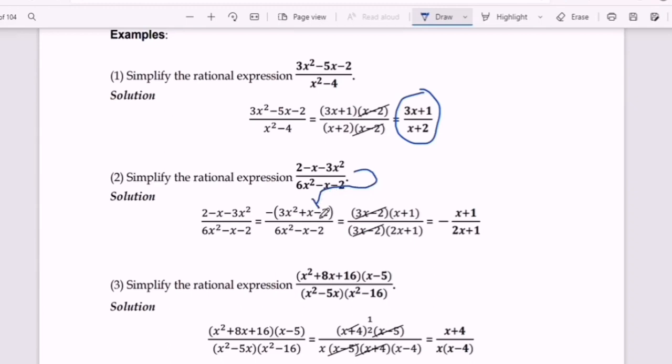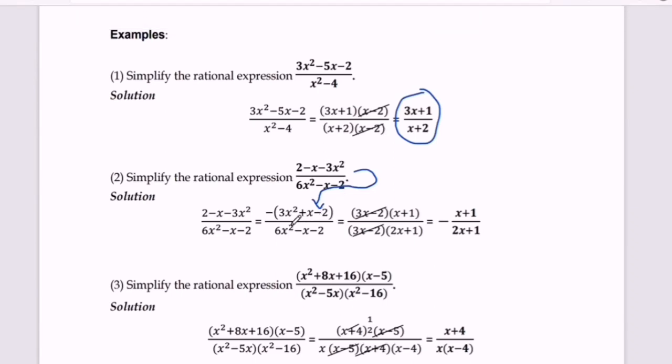In standard form, we start from the highest degree to the lowest degree until the constant. So the first term would be the one with the highest exponent, which is 3x squared.